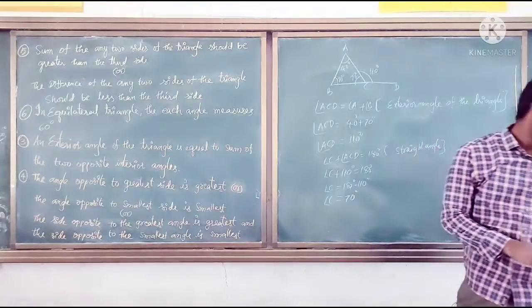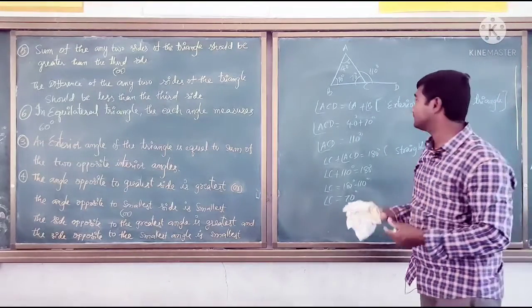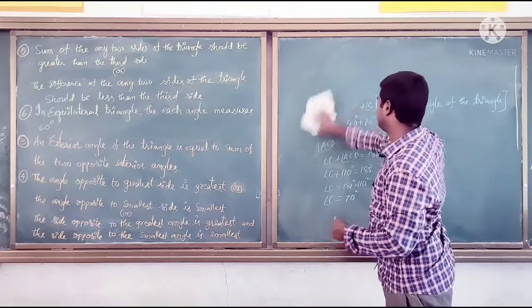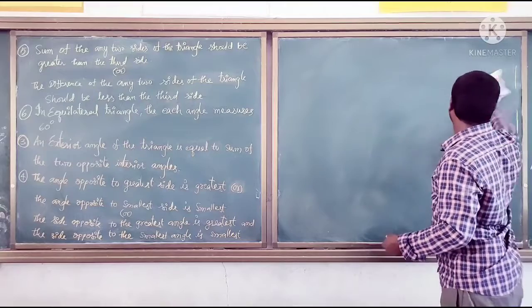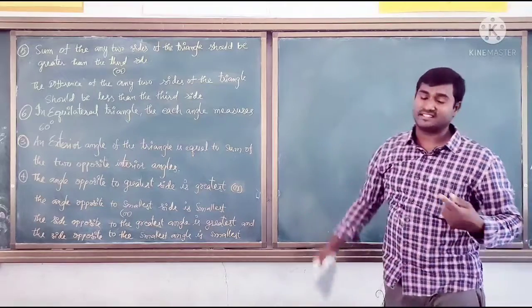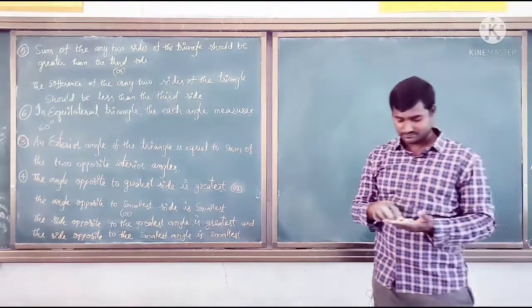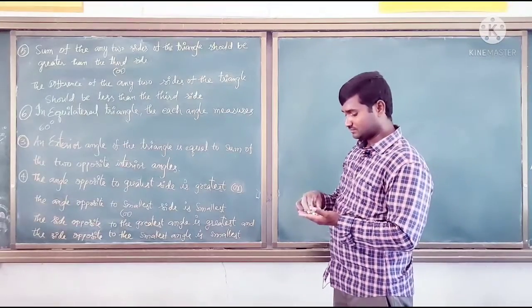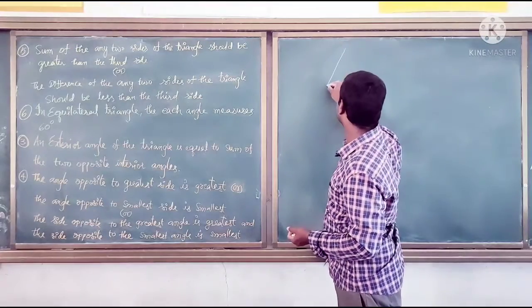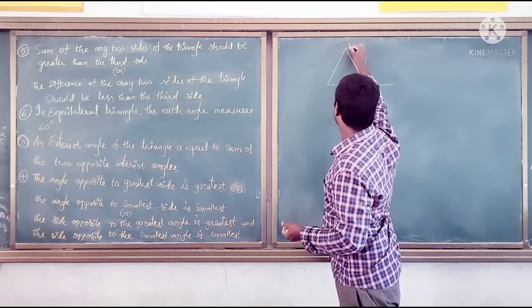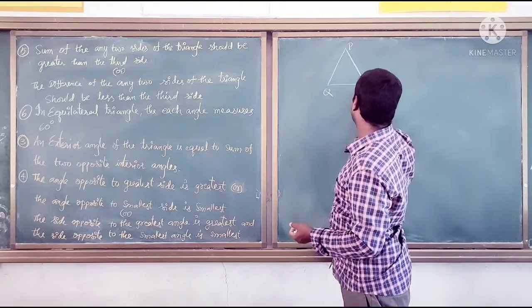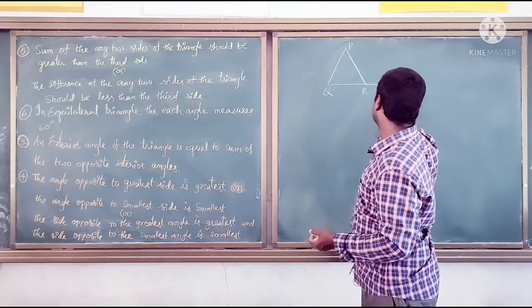And sometimes they may give it like this also. This is one of the examples, and sometimes they may give another question also. Let us see. Triangle PQR, yes, they give it.